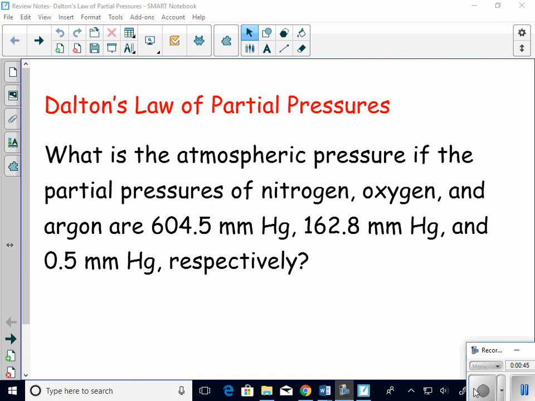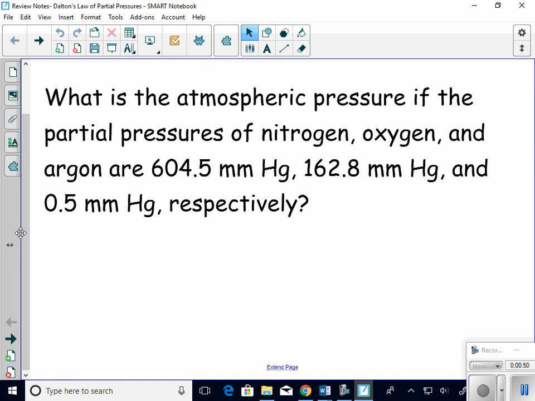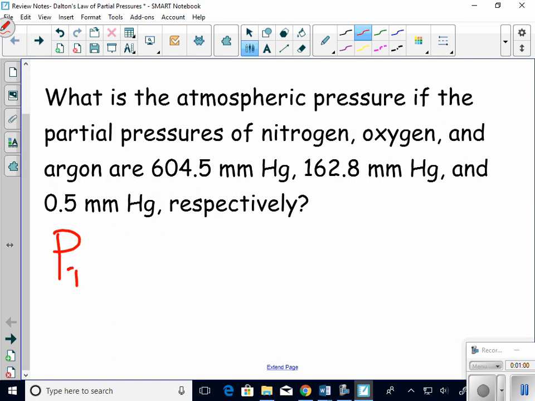Now, in order to calculate those, ladies and gentlemen, we need to find the total pressure based on partial pressures.